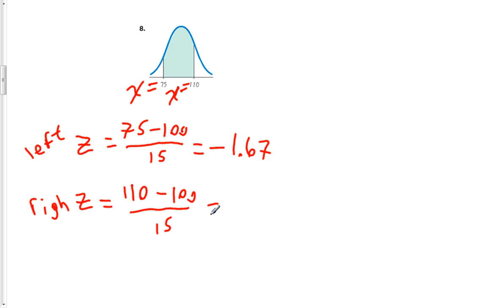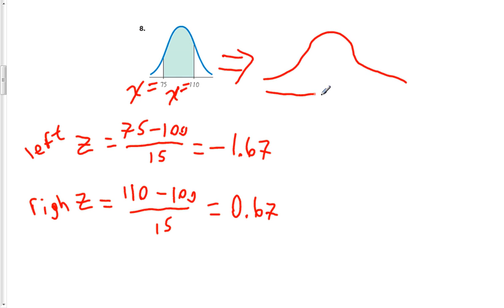And let's see what this z-score is. That's 110 minus 100, which is 10, and we're dividing that by 15, so we get 0.67. So now we've used the z formula to convert this non-standard normal distribution to a standard normal distribution.